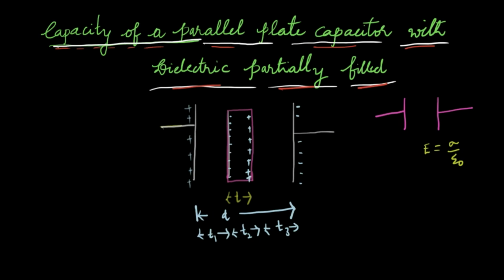What are the values of the electric fields? We will write here. Now the electric field here in this part is E1. E1 is the electric field here, that is equal to sigma by epsilon naught, that is equal to q by A epsilon naught.